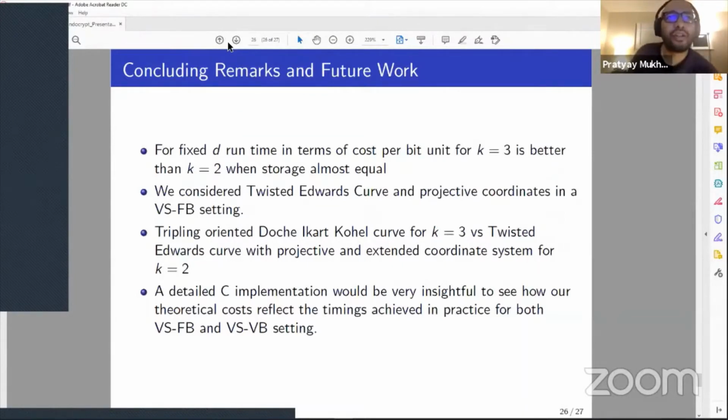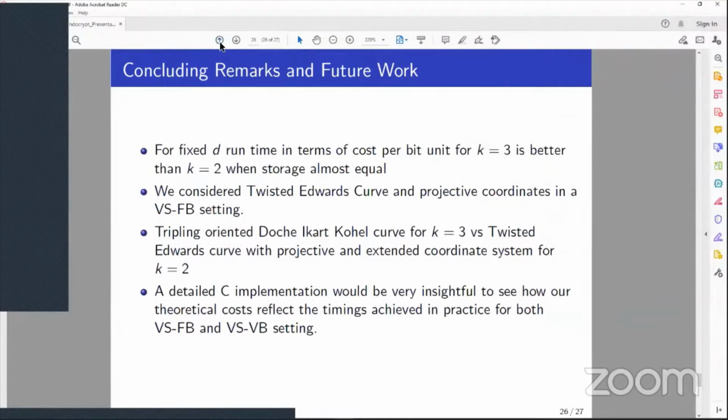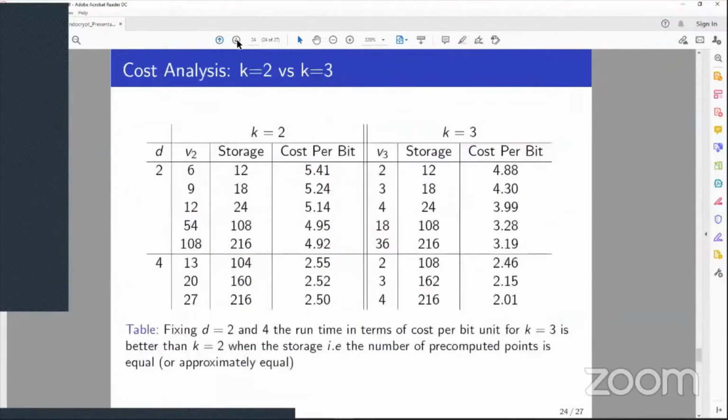Do you want to talk a little bit about the cryptographic applications, like what it immediately impacts? For Diffie-Hellman, in the first round and second round we do scalar multiplications.